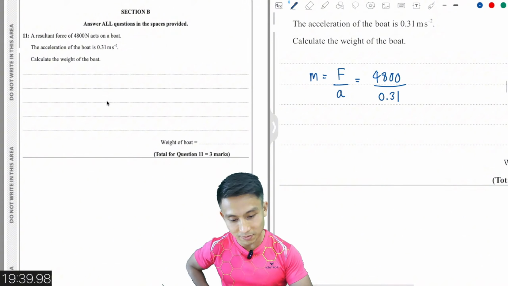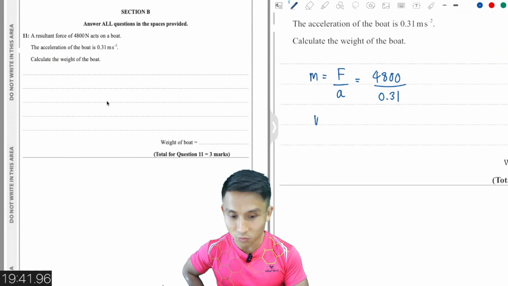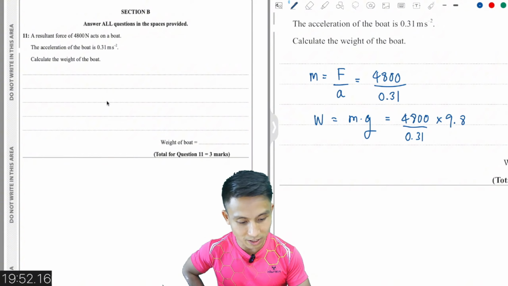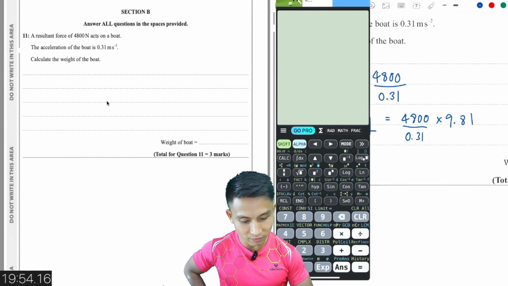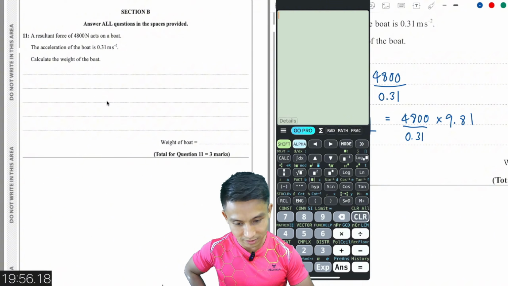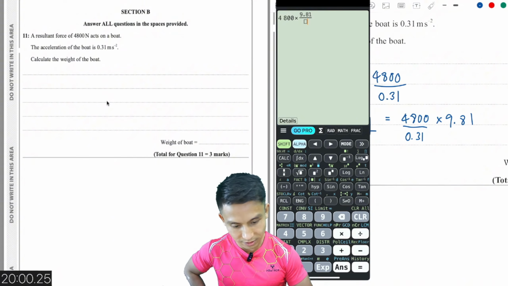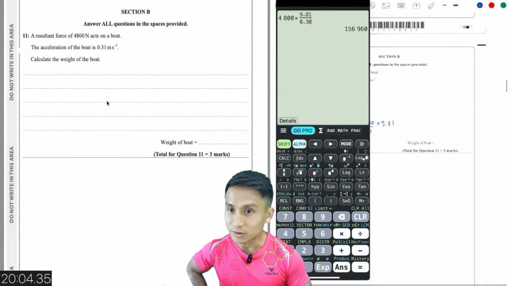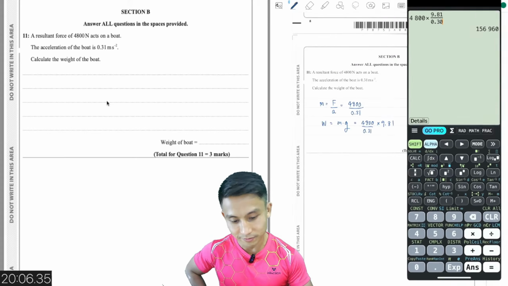I'm going to keep that, because the weight is just mass times gravitational acceleration, so I'll wrap that up and times 9.81. I'll just do everything all at once. I prefer it like that.